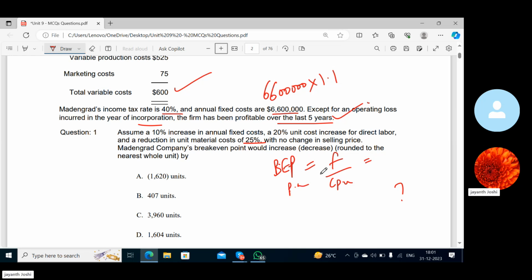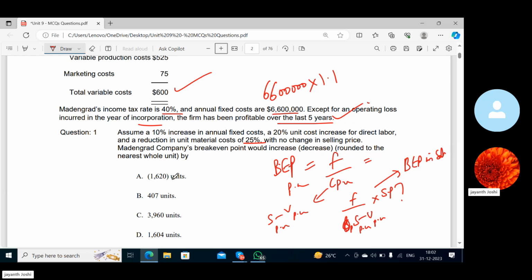If you want to find break-even point in sales, fixed cost by contribution per unit, and contribution we can write as sales minus variable cost, selling price per unit and variable cost per unit, correct? Yes, sir. So if I write this sales minus variable cost per unit into selling price, that will give you a break-even point in sales.